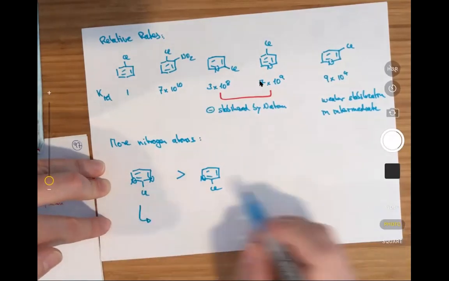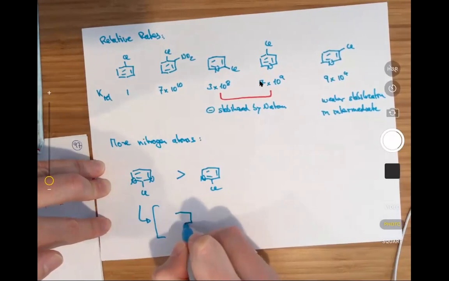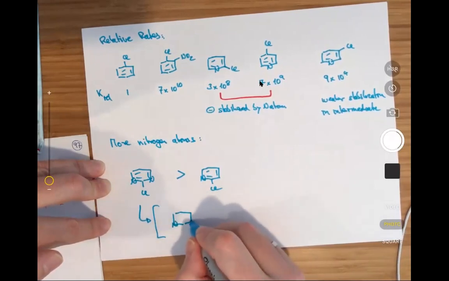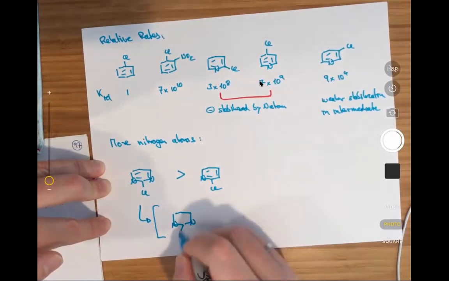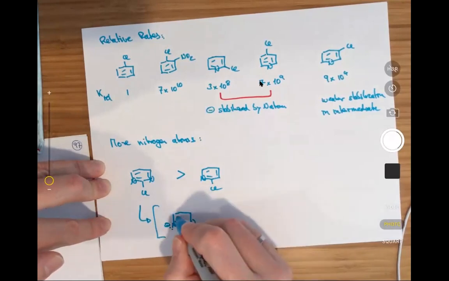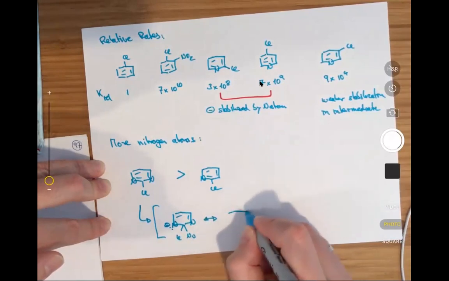So think about it this way. If you have something like this, you can draw resonance structures. Let's say chloride, and we pick our nucleophile here. The first one, we're going to put the negative charge here. And then we can draw all the other resonance structures for the system.